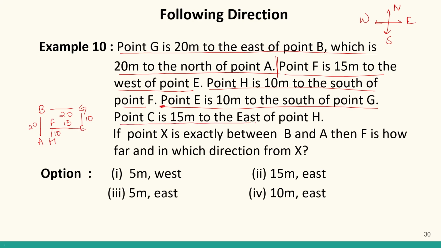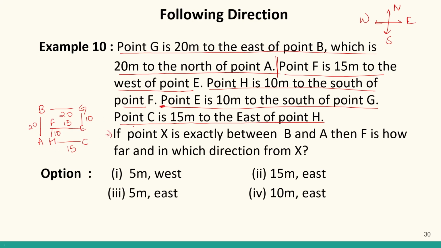Point C is 15 meter to the east of point H. Now it is given to us that point C is over here, 15 meter to the east of H. So GEC will fall in same line, FH will fall in same line, and BA will fall in same line. Similarly, BG will be falling in same line, FE will be falling in same line, and AHC will be falling in same line. So this is the diagram.